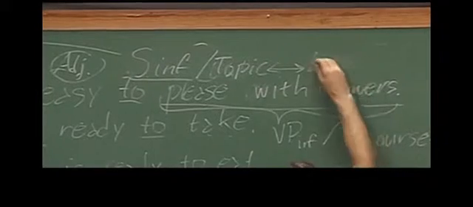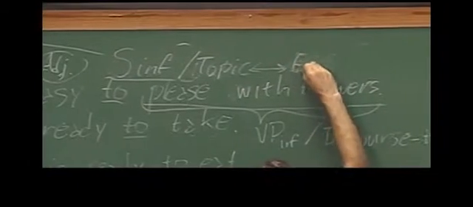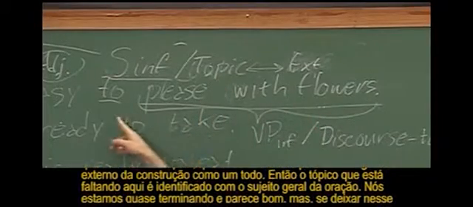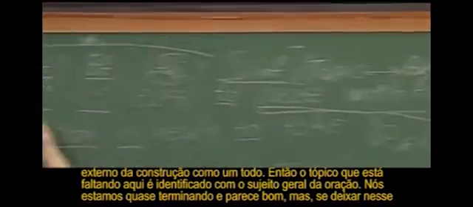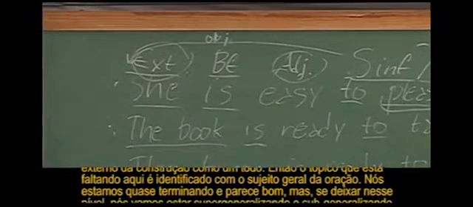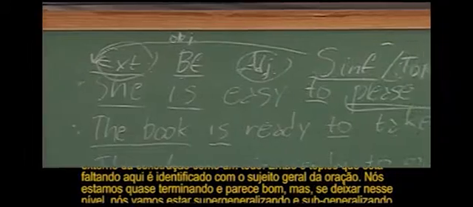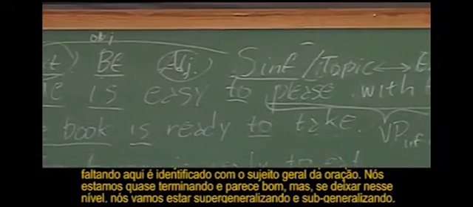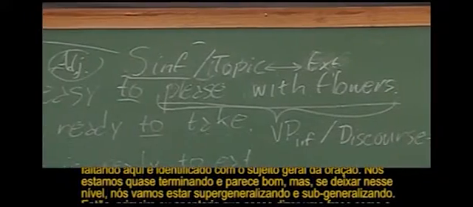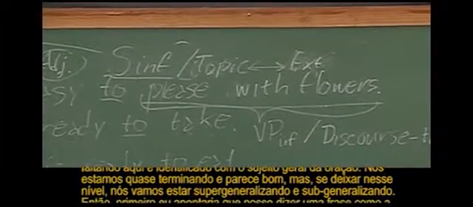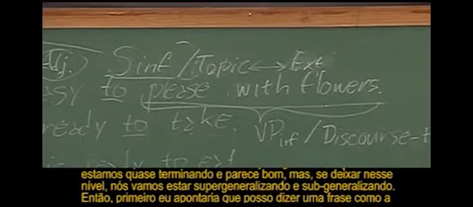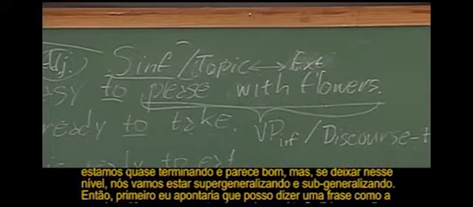Let's not do it that way. Right, so the topic which is missing here is identified with the overall subject of the clause. Okay, we are almost done. This looks pretty good. But if I leave it at this level, we will be overgenerating and undergenerating, both of them.